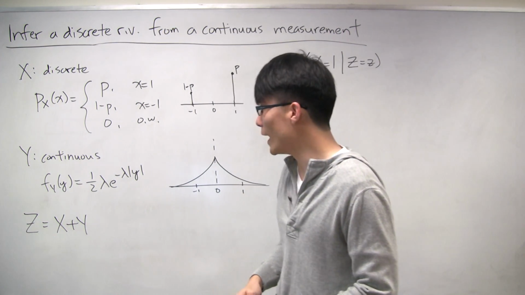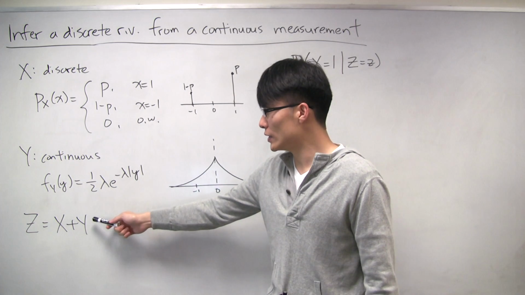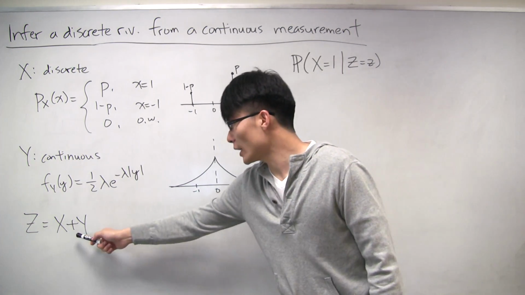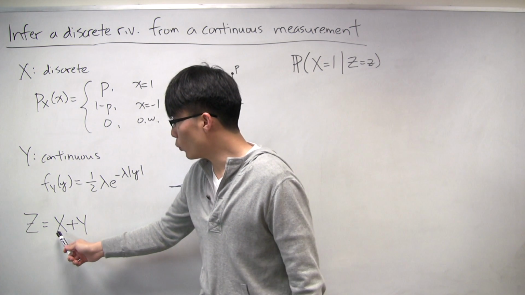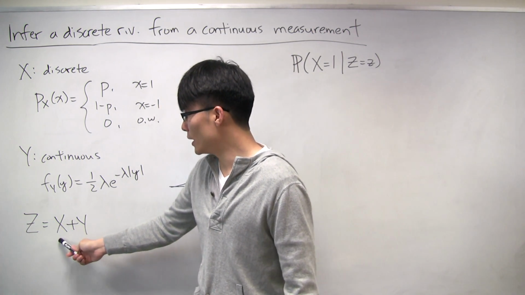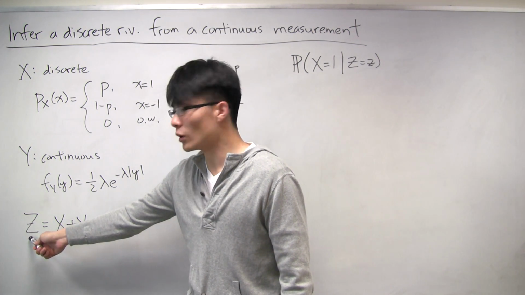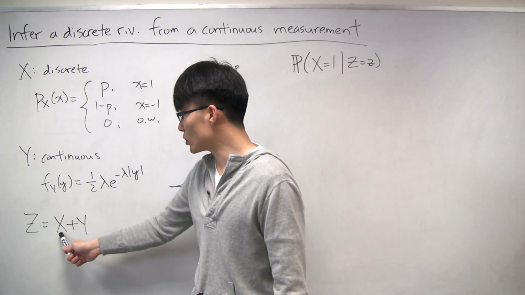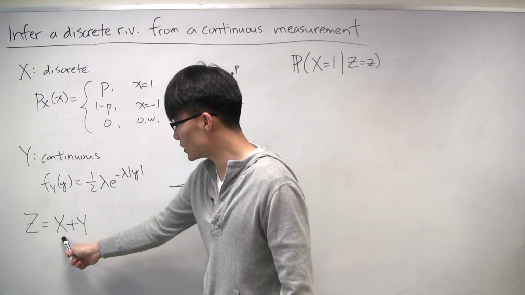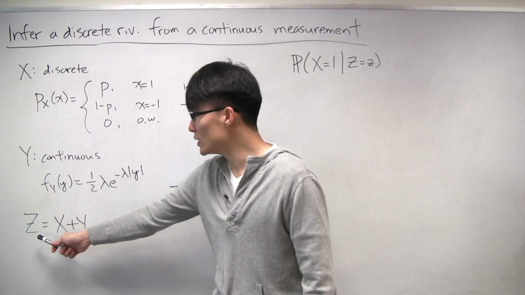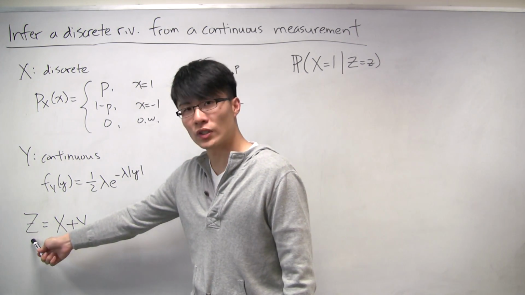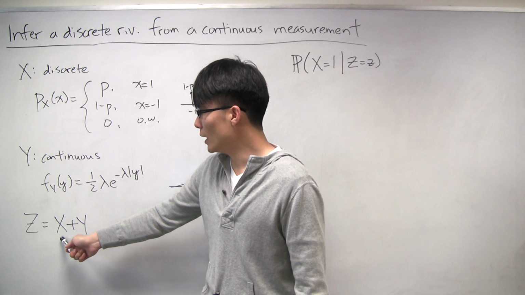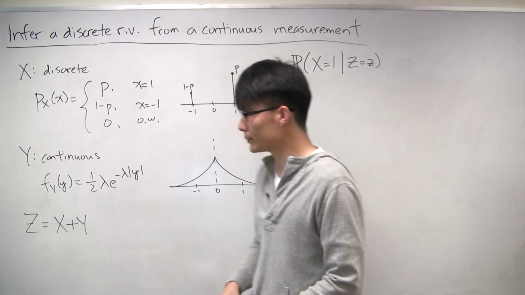And then we have a random variable z, which is equal to the sum of x and y. And the problem is going to be figuring out what x is based on an observed value of z. So because x is discrete and y is continuous, z is also going to be continuous. So our measurement is z, which is continuous, and we want to infer x, which is discrete.